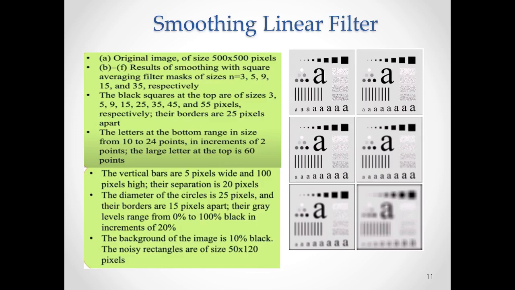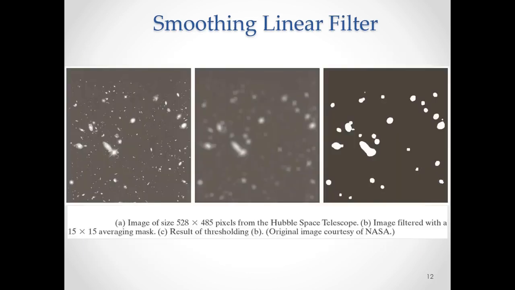So here w(s,t) represents the coefficients of the filter and f represents the gray levels of the image. Since you are dividing by the coefficients of the filter mask, you will get the average value, or you will get the average filters.